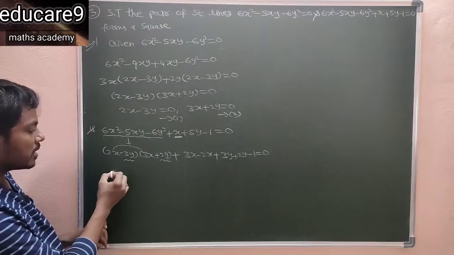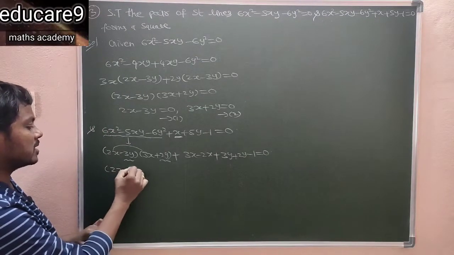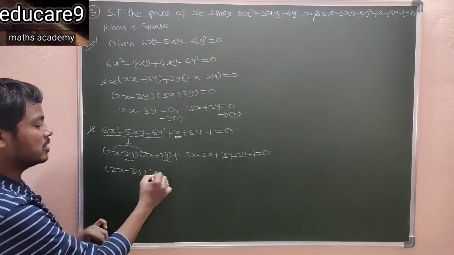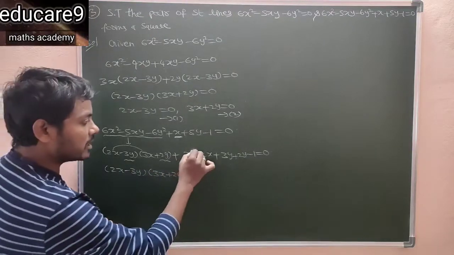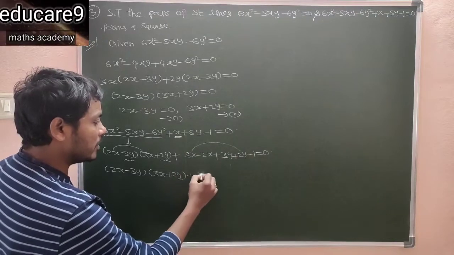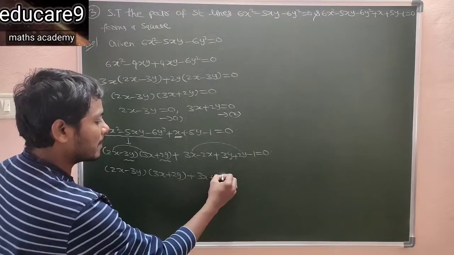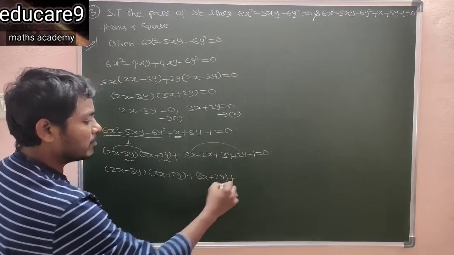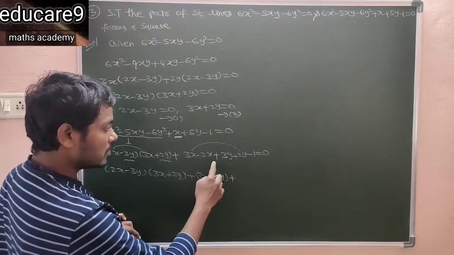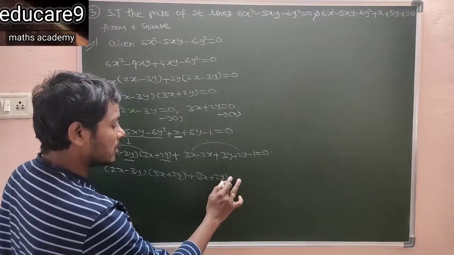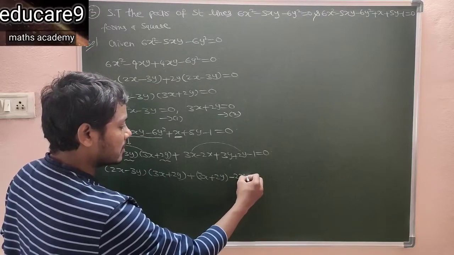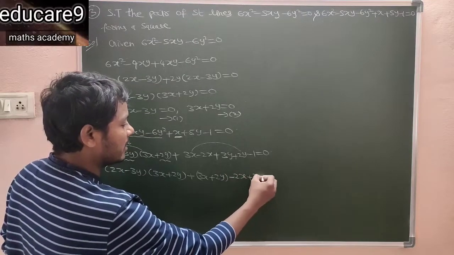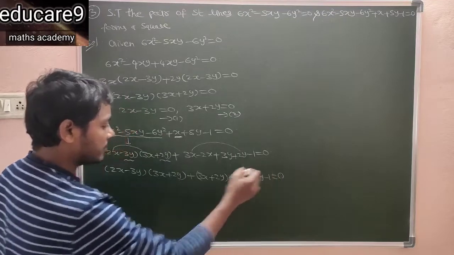Now this is here (2x minus 3y). Next (3x plus 2y). Next here also (3x plus 2y) plus or minus (2x plus 3y minus 1) equals to 0.